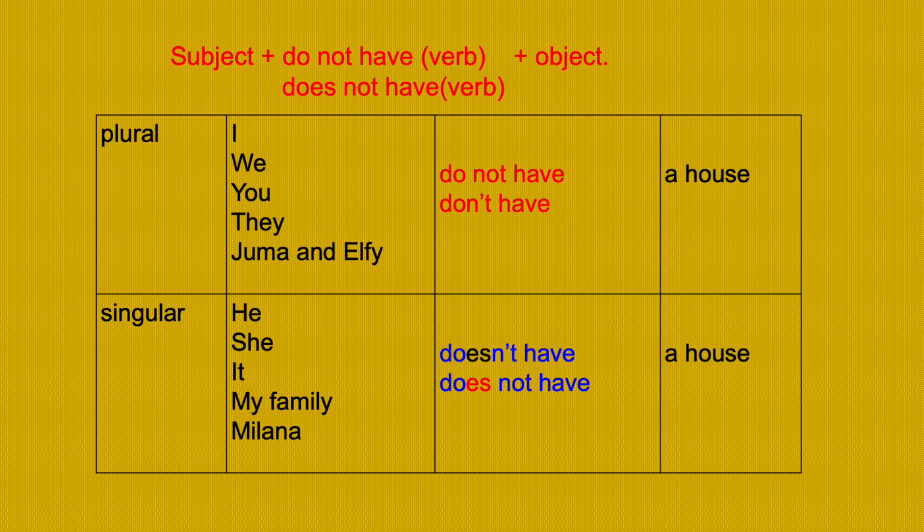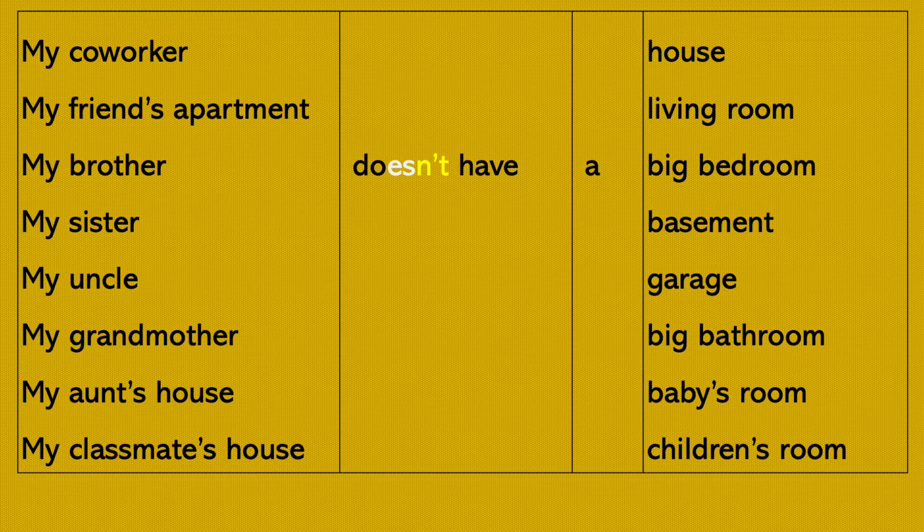Let's look at the examples. My coworker doesn't have a house. I use the short form here for these sentences. You can see this column is for the subject.